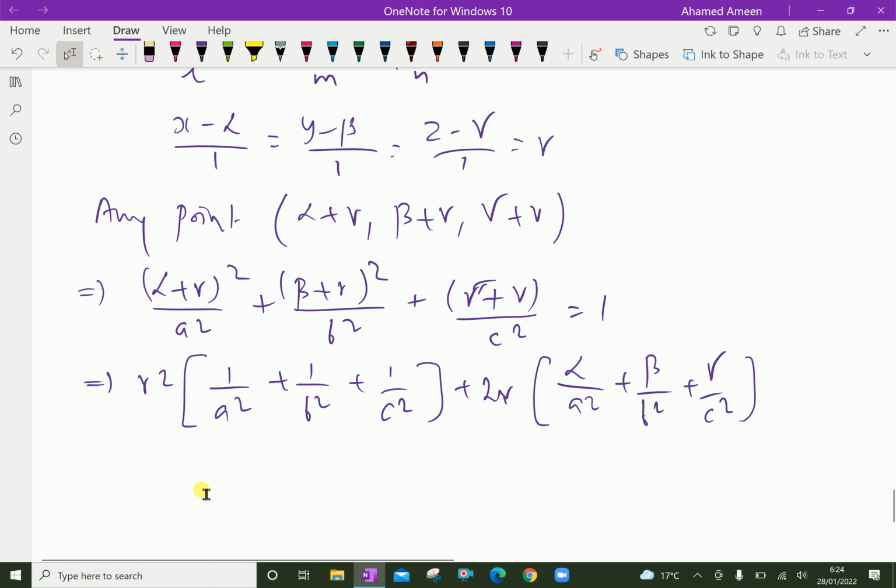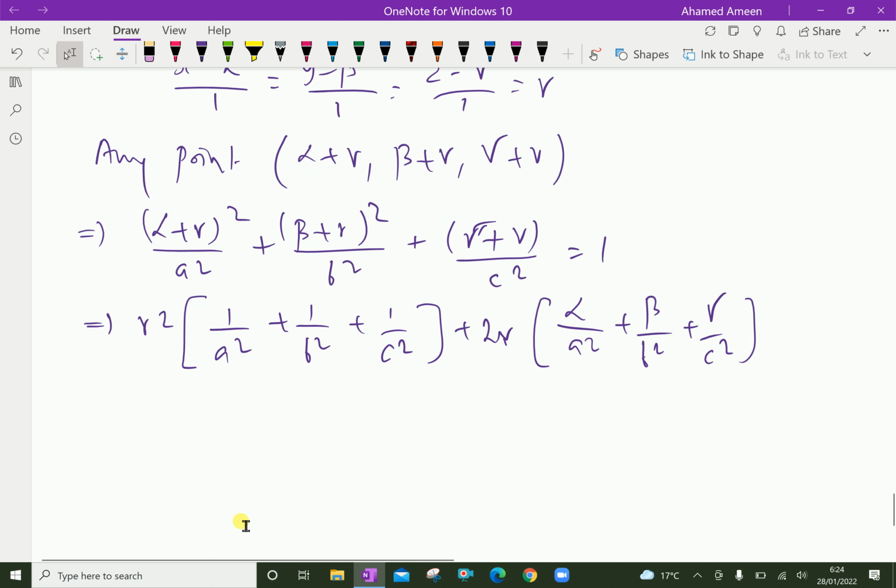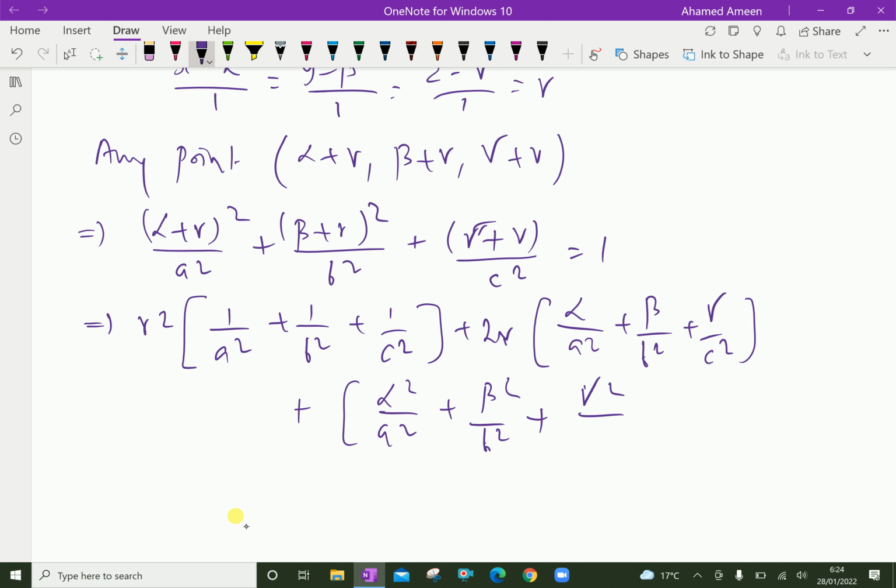This is the r term, and the constant term is alpha squared over a squared plus beta squared over b squared plus gamma squared over c squared minus 1, equals 0. This is a quadratic equation.